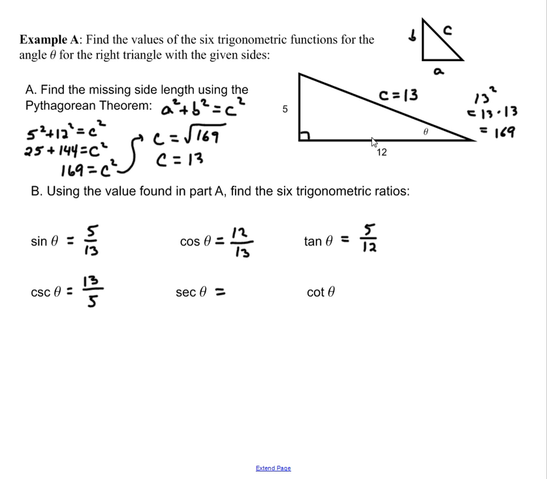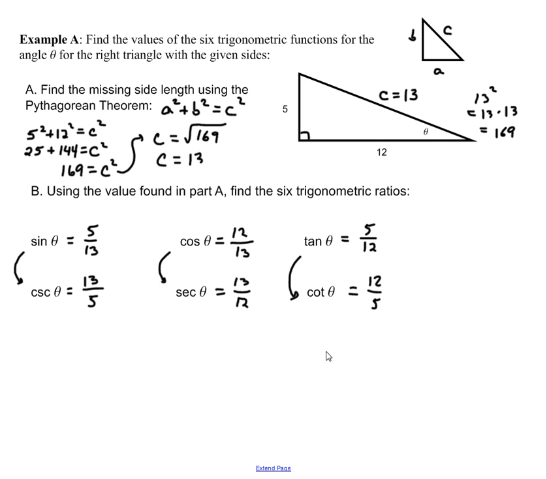Our hypotenuse is 13. Our adjacent side is 12. And you can see what I mean by these being reciprocals. Cosine goes with secant, sine goes with cosecant, and of course tangent goes with cotangent. So this one should be pretty easy. It's the adjacent over the opposite side. So we take 12 divided by 5. We've got our cotangent.